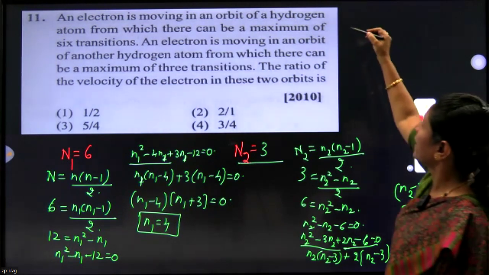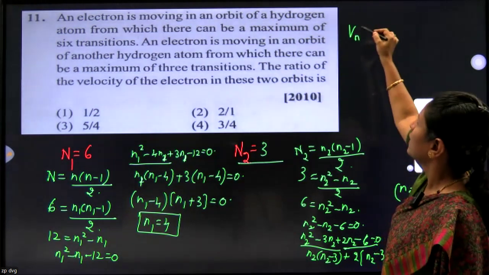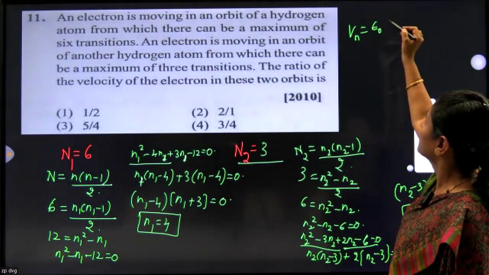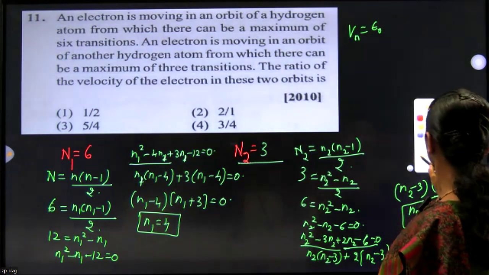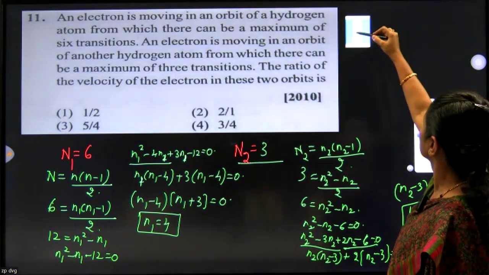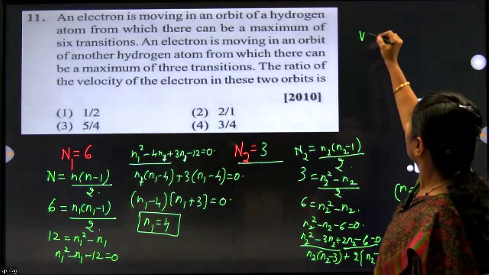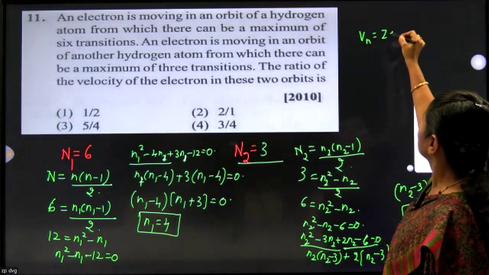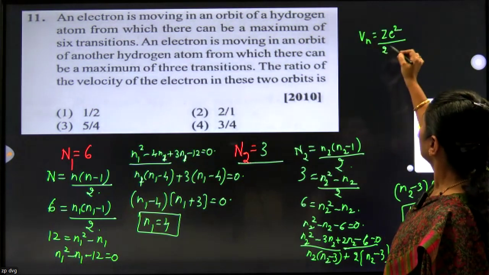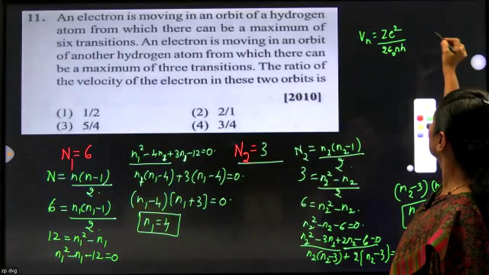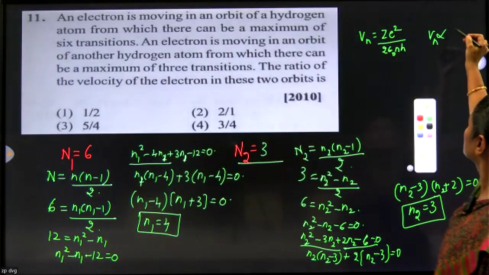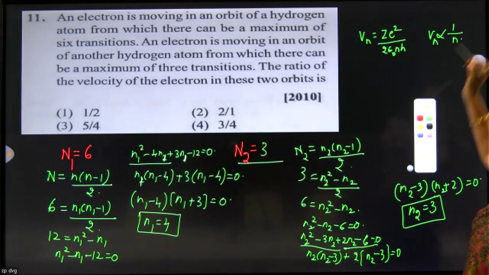We know that velocity Vn is equal to Ze square by 2 epsilon naught nh. Vn is inversely proportional to n.